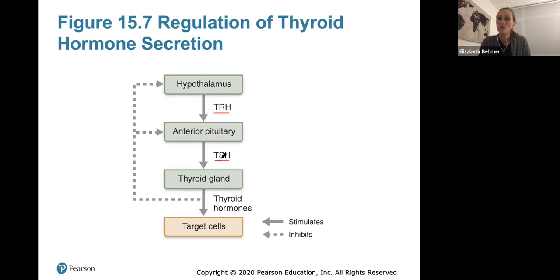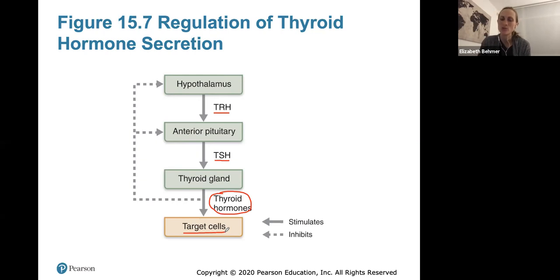Thyroid stimulating hormone acts on the thyroid gland to release even more hormones, thyroid hormones, which are T3 and T4. Thyroid hormones will act on a lot of target cells in the body. And if you know of anyone with thyroid gland problems, you know that the number of target cells that thyroid hormones reach are basically all cells of the body.